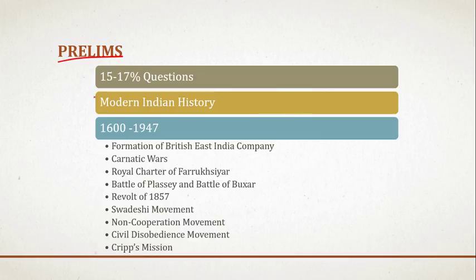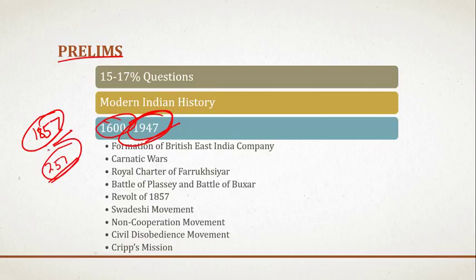Now, as far as this course is concerned, I would be covering the entire history from 1600 till 1947. Usually in the books, history is given from 1857, so I would be covering these 257 years extra. I would be starting the history from 1600, the Mughal era, decline of Mughals.